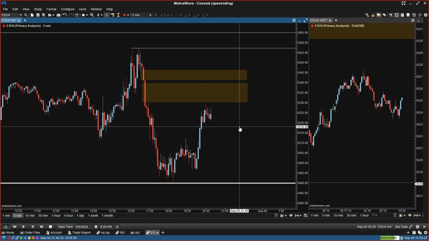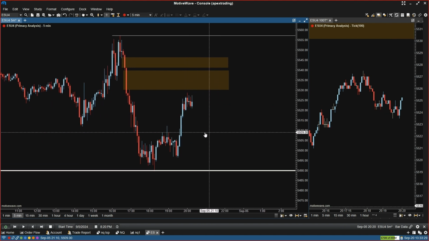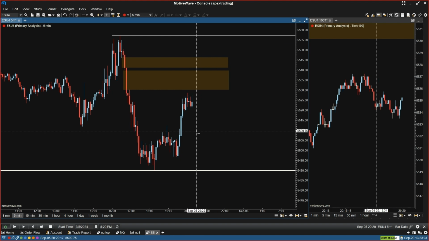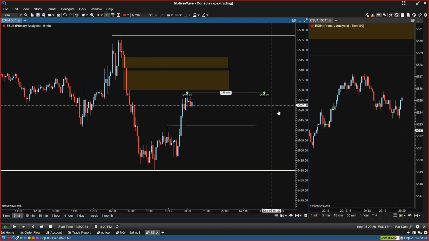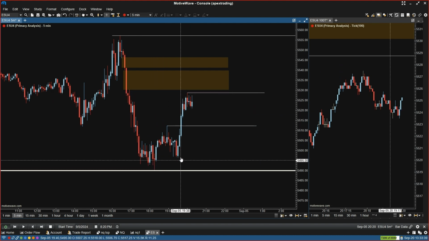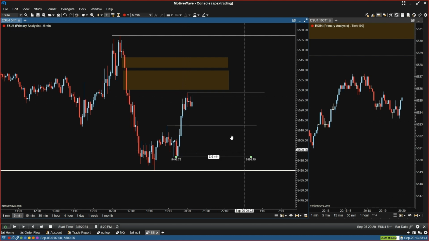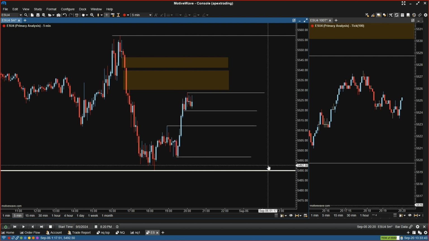So we are patient here because upon reviewing the 5 minute, it is making a bullish structure after making this low, right? Higher highs and higher lows here, right?